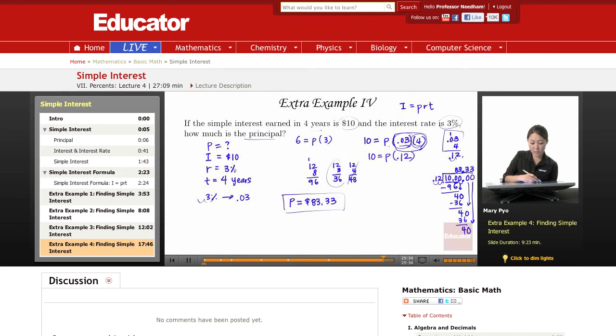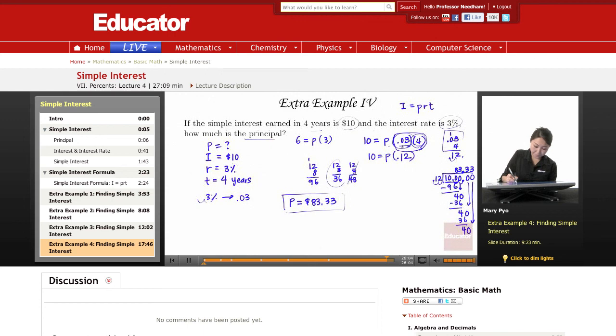So I substitute in these numbers for these variables. So the interest is $10, so I'm going to put in 10 instead of I, equals P, I don't know, so I'm going to leave the P. R I know is 3%, so I change it to a decimal, put it in as R. And then T I know is 4, so I'm going to put in 4 instead of the T. There's my equation.